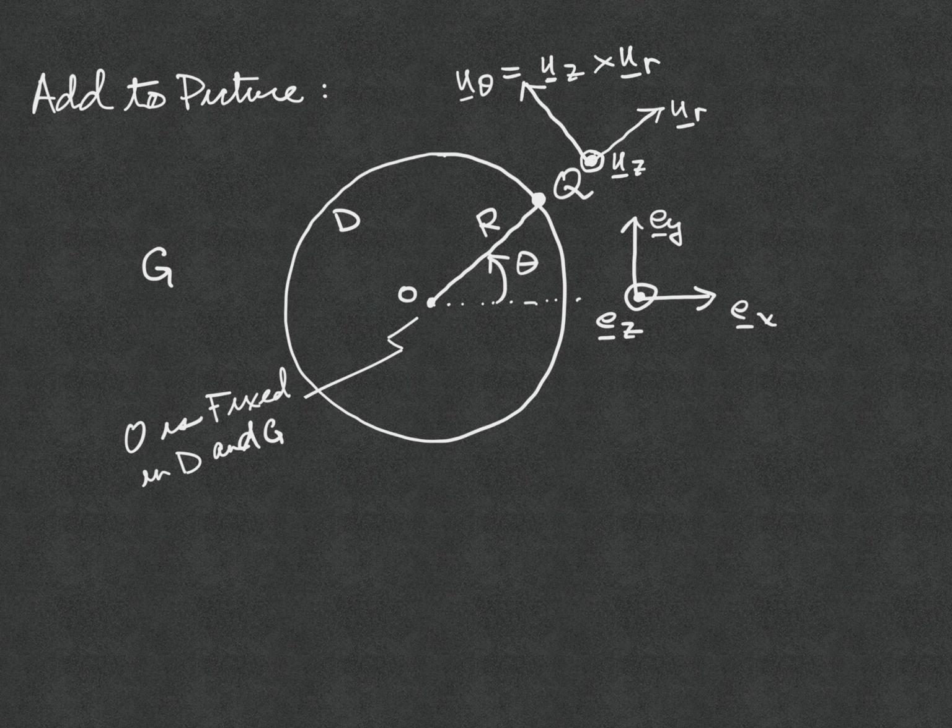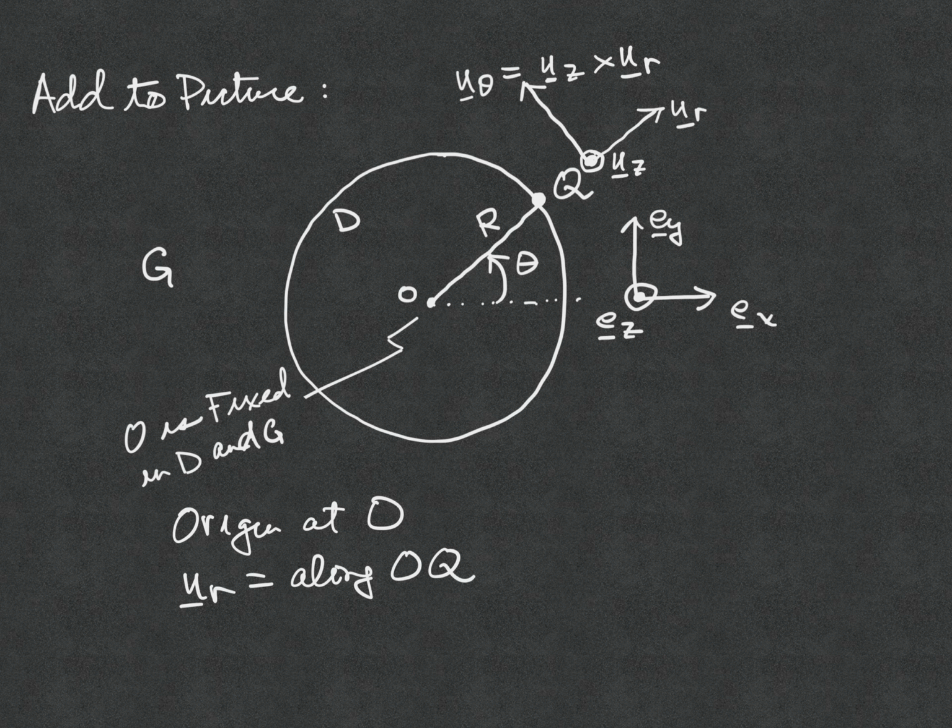So now let's define this coordinate system. I have the origin of this coordinate system at O. I have UR, which is along OQ. I have UZ, which is equal to EZ, and I already defined EZ. And I have U theta, which is equal to UZ crossed with UR.